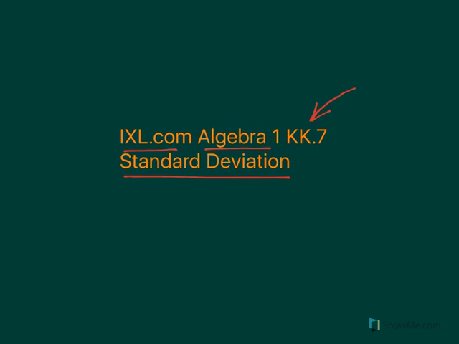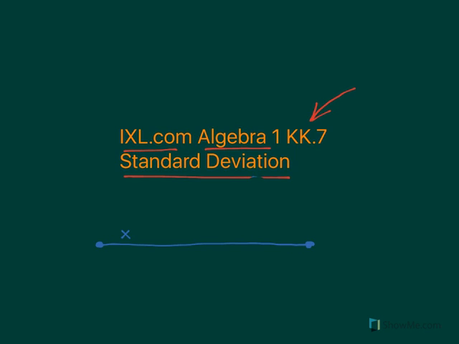So standard deviation basically will measure how much the data values deviate or stray from the center of the data. So for example, if you had a data set, maybe you had a minimum number and a maximum number, and then you had all your numbers in between.